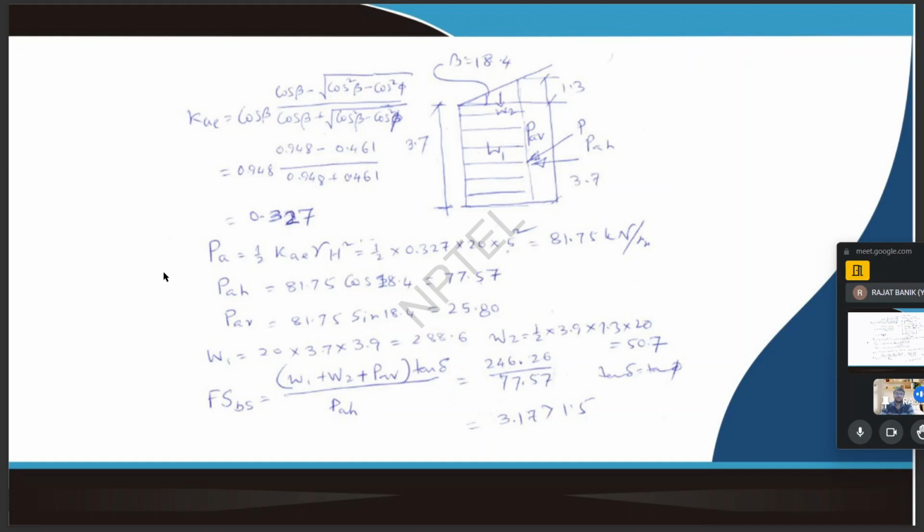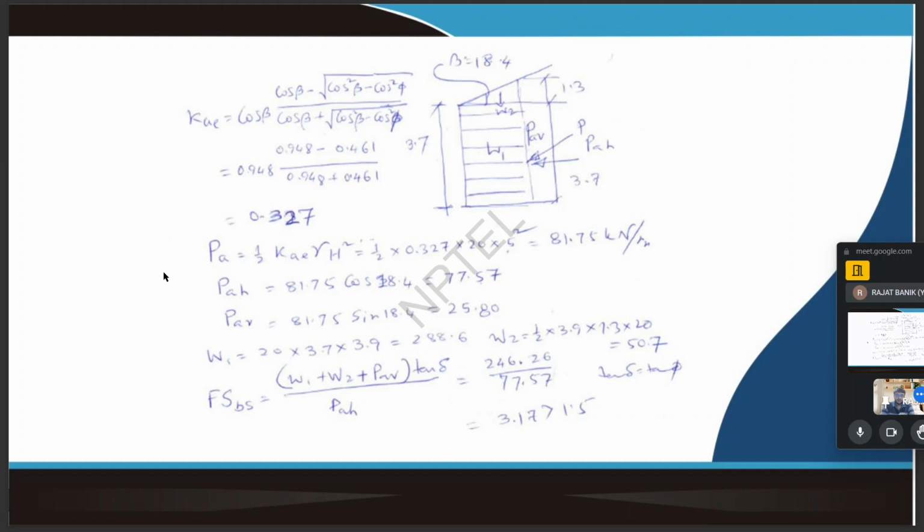For this we need to find out the different forces acting on this failure wedge. So find out the horizontal active earth pressure and vertical active earth pressure. Then find out the weight of the retaining wall, and then we put all these values in this formula and get the factor of safety against sliding.